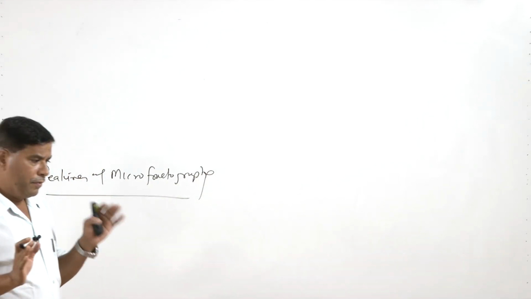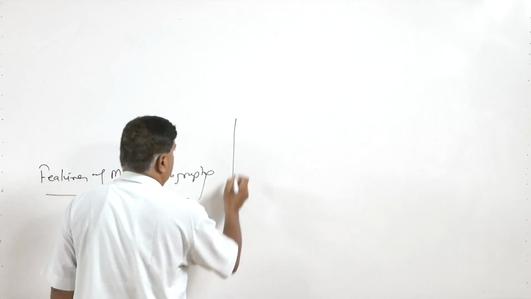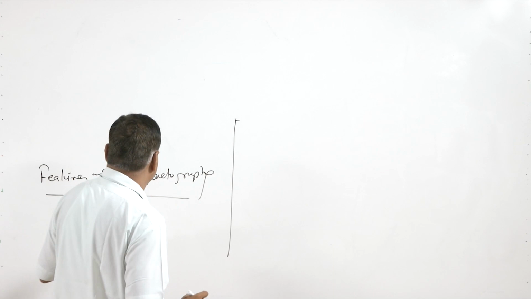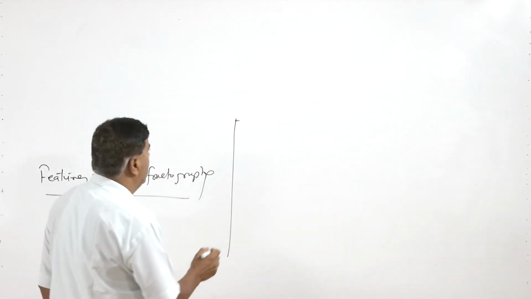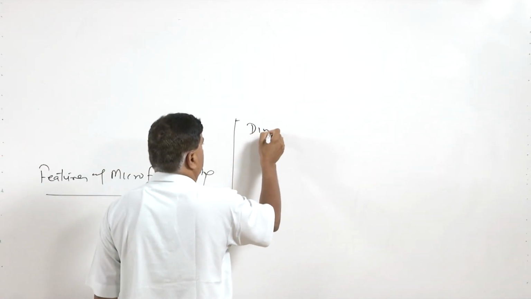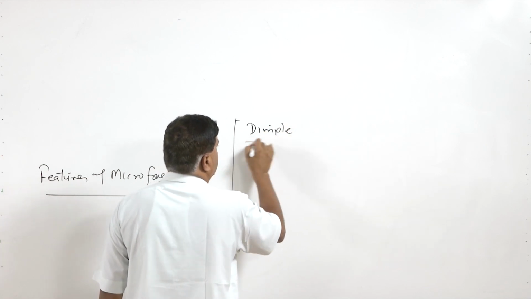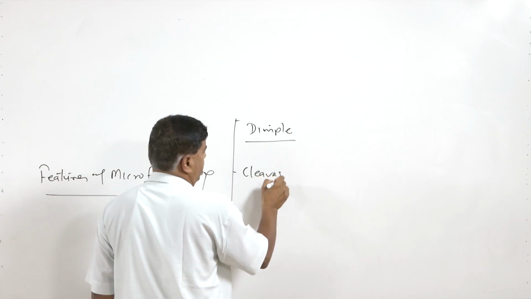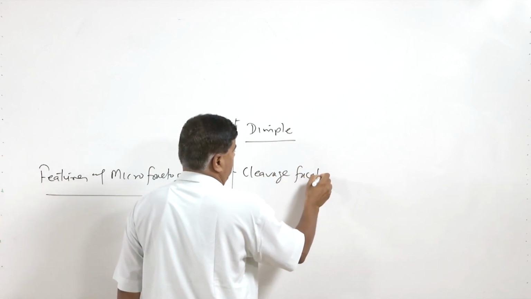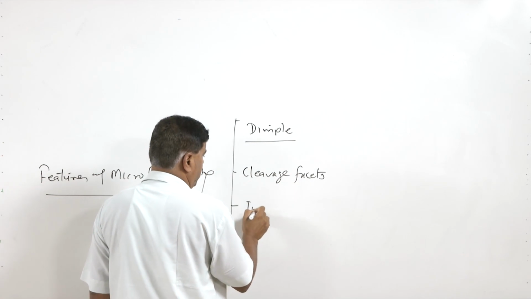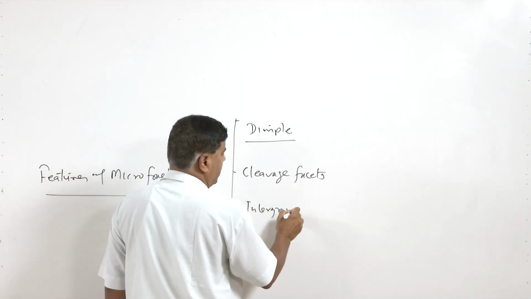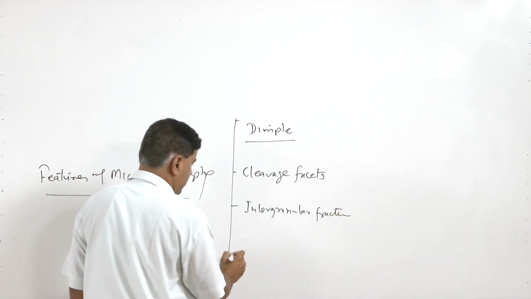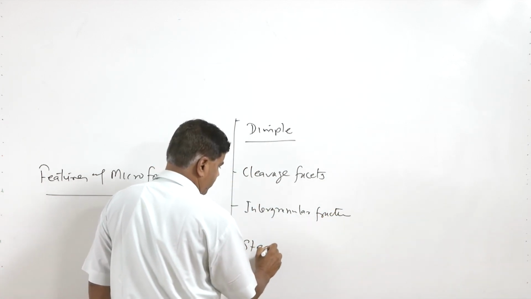So, there are four very standard microscopic features of the fracture surfaces, and these are dimples and the cleavage facets, intergranular fracture features and striations.